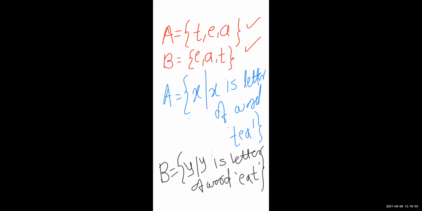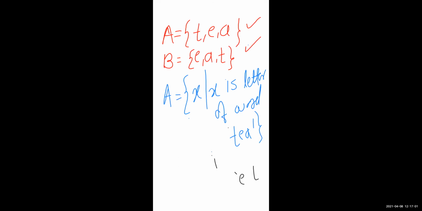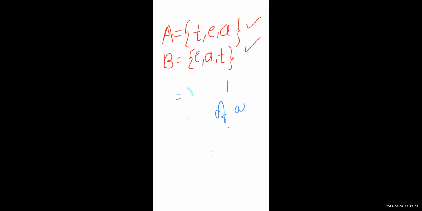Are they equal? Yes, they are equal. So we can say that set A and set B are equal sets if their elements are the same. Arrangement doesn't matter.